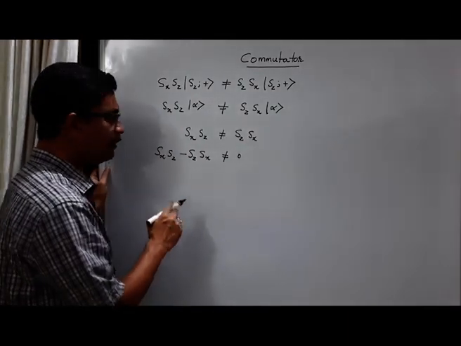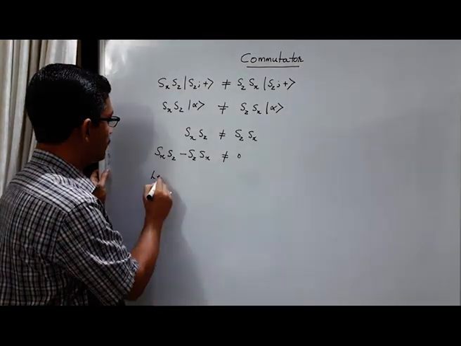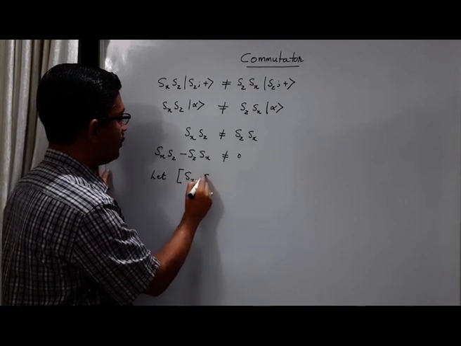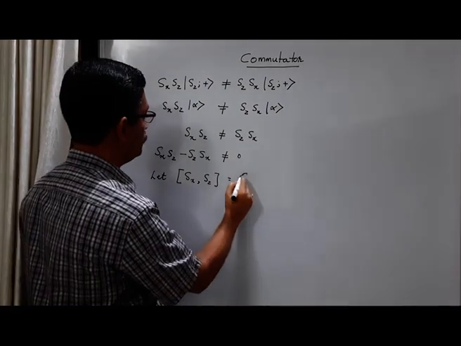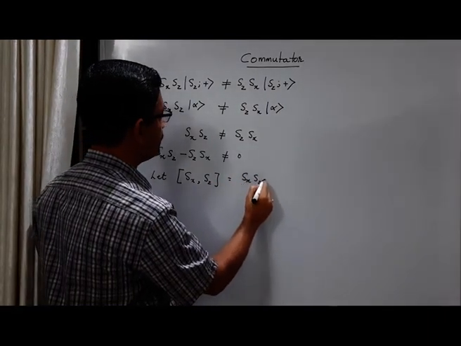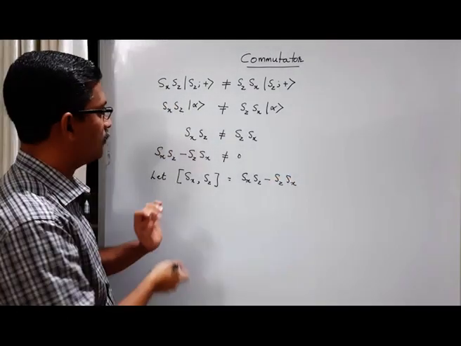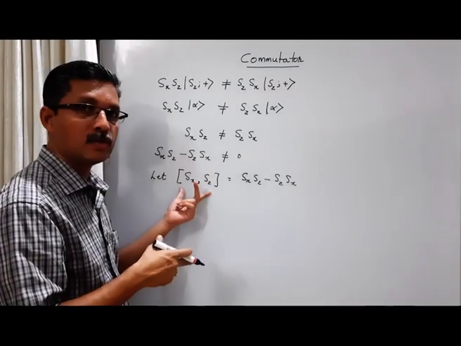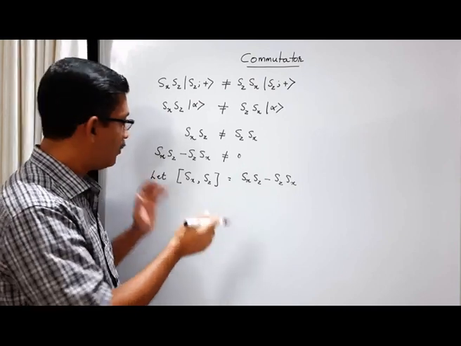Now, we can introduce a shorthand notation for this difference. Let the square bracket Sx comma Sz be equal to Sx Sz minus Sz Sx. Okay, this Sx Sz minus Sz Sx, we can write using this shorthand notation Sx comma Sz in square bracket.